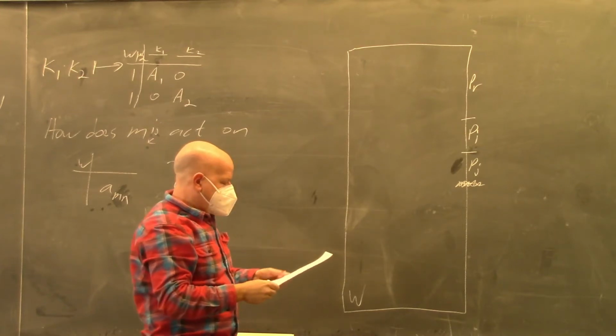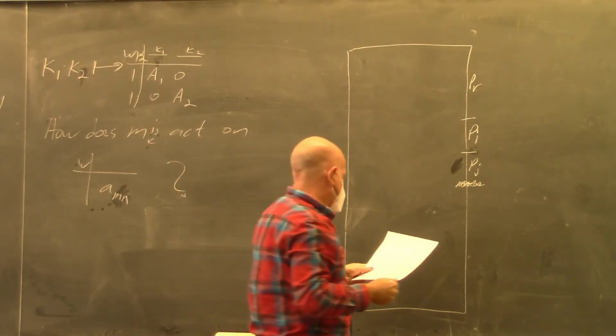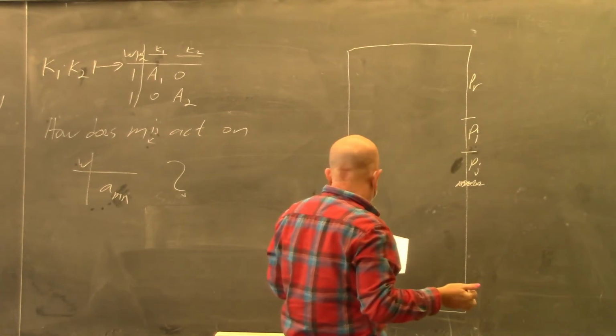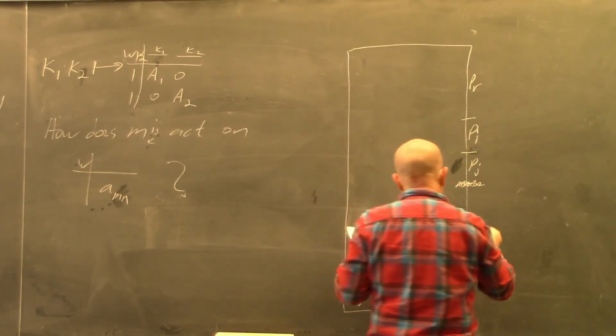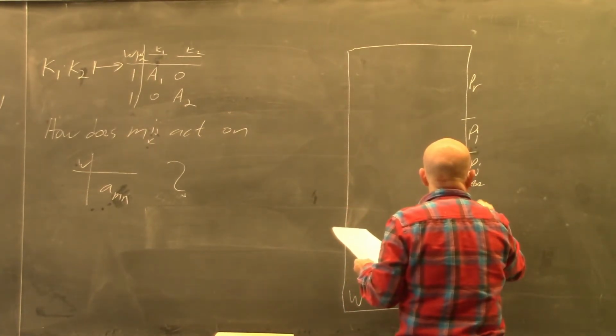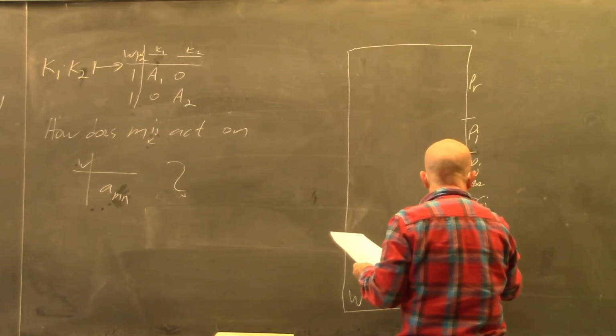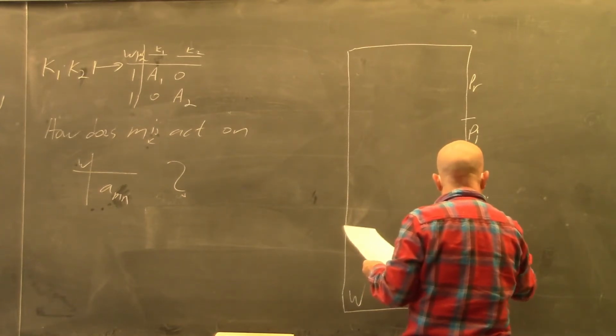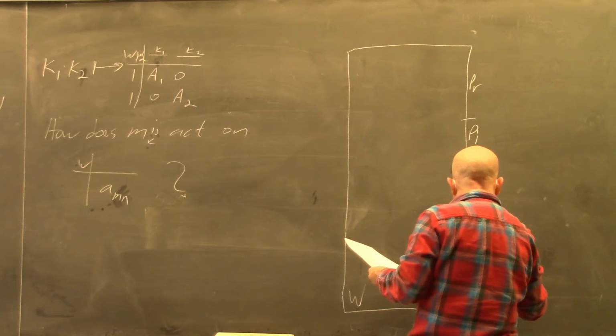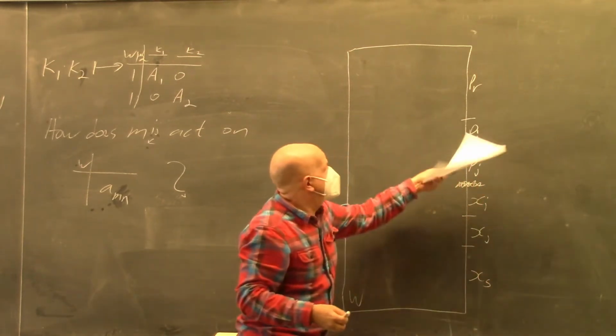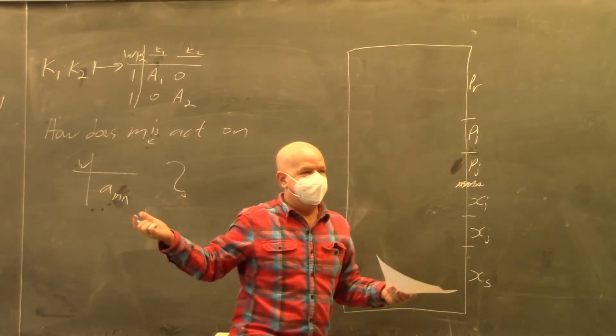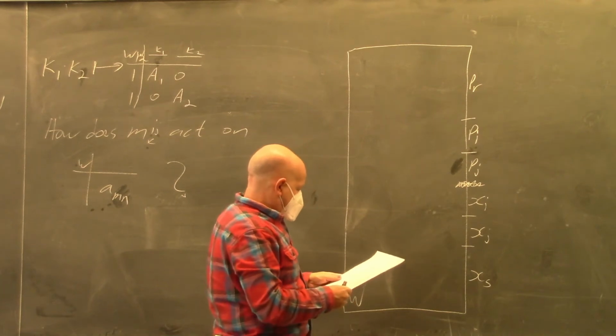And likewise the X's. There are XI's, there are XJ's, and then there are XS. S and R run over the rest. Okay?